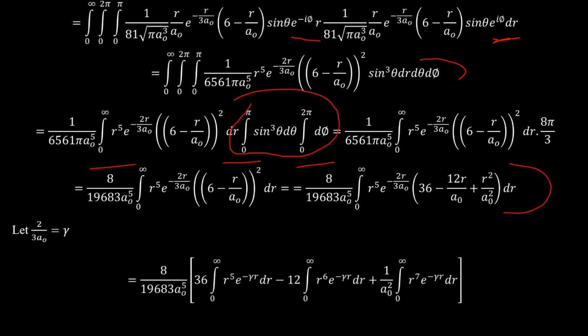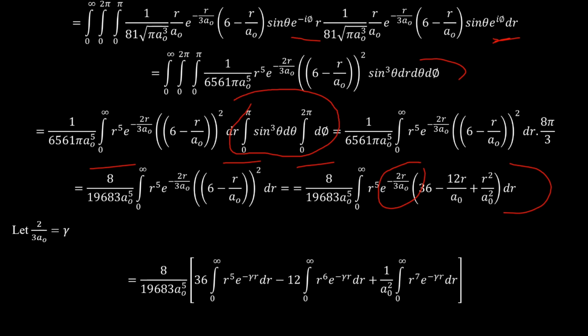Evaluating this, we can let gamma be 2 over 3 a naught. If we let gamma be that, we can clean up this power to give us negative gamma times r, because we have taken 2 over 3 a naught to be gamma.